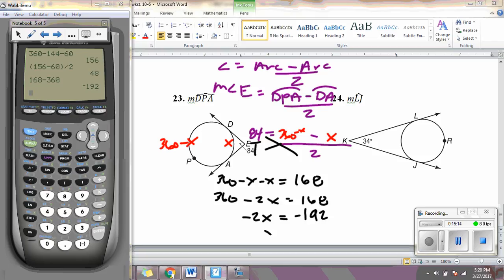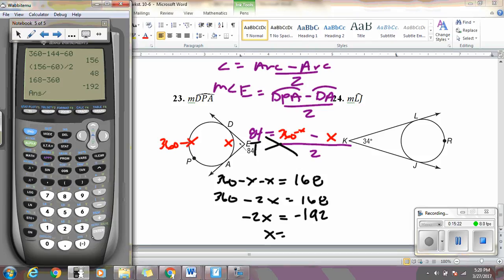And then divide both sides by negative 2. And I get 96.